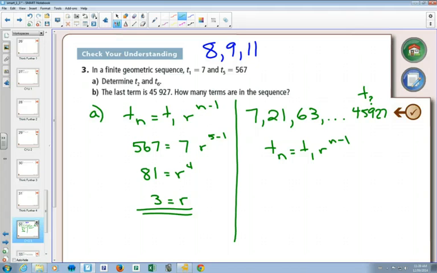We don't know what n is. And again, I think these are the hardest questions because even though you don't know n, you do know what Tn is. I don't know how many there are to get to 45,927, but I know when I get there that that term is equal to 45,927.